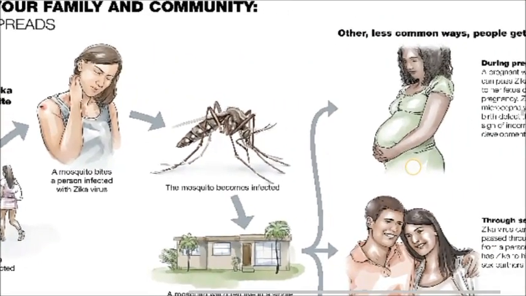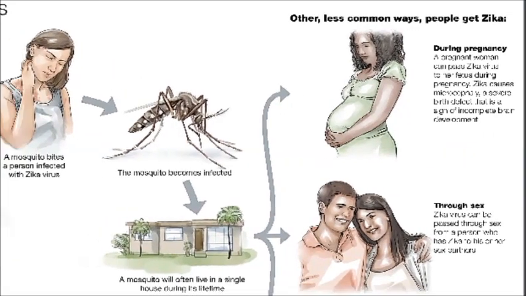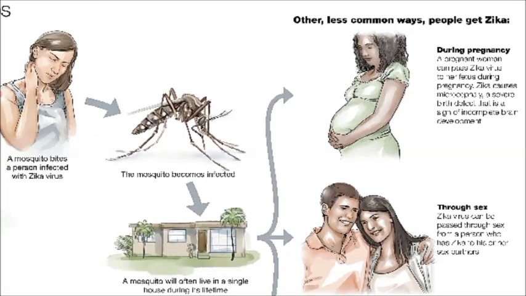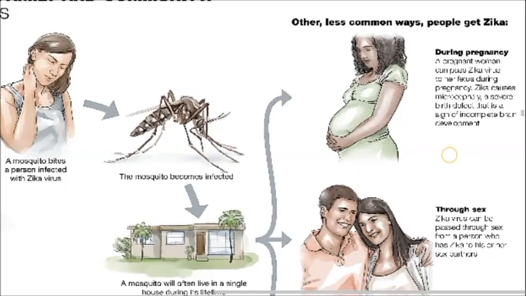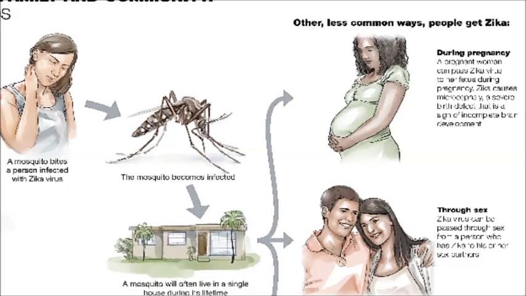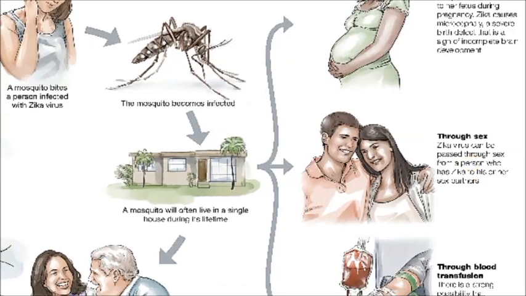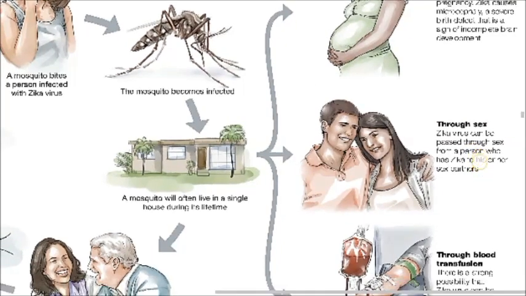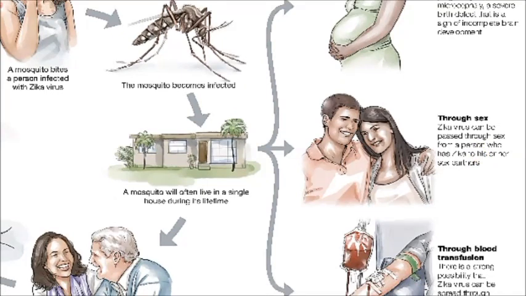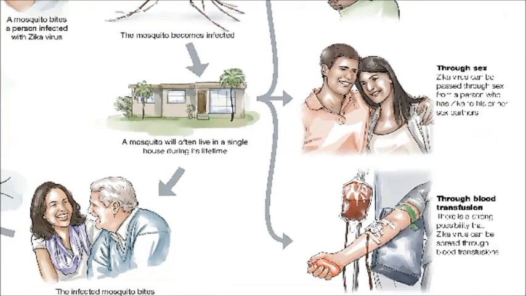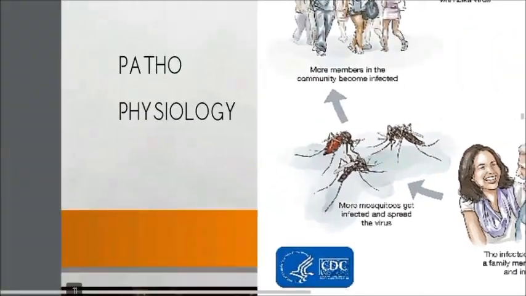And then there are other, less common ways that people could get Zika, and it's really alarming if a pregnant woman gets it, and there will be a birth defect. Later on, we will know what those defects are. And then through sex, Zika virus can also be transmitted, and also through blood transfusion.